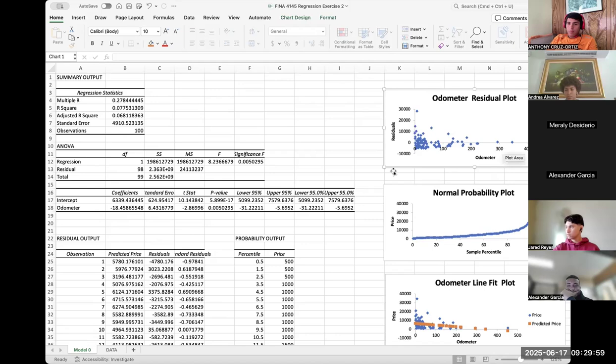Does anybody know how to interpret this? What are we looking for? What should we see if odometer is a good predictor of price? Anybody know?